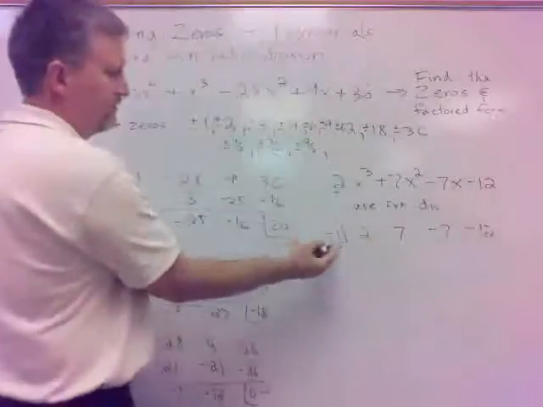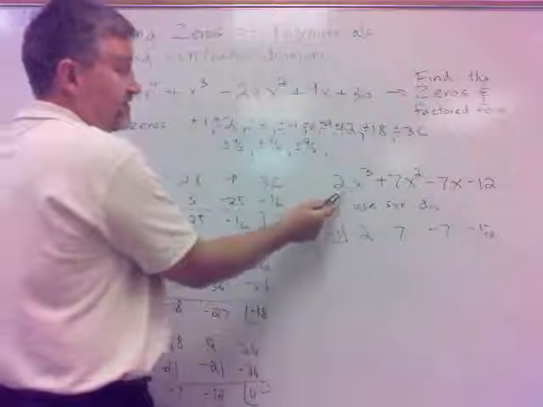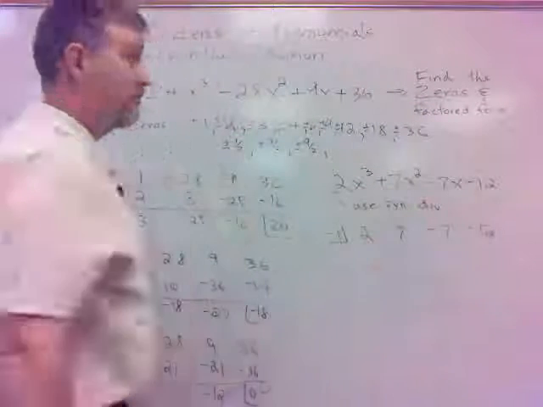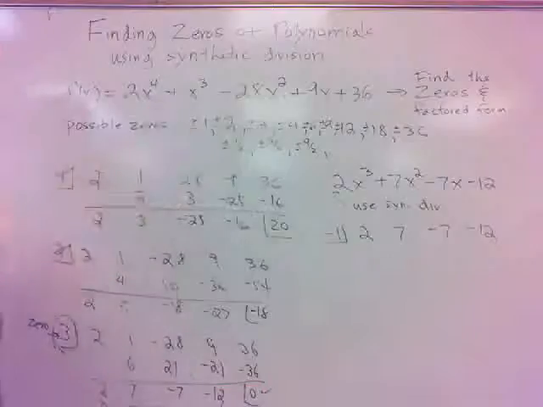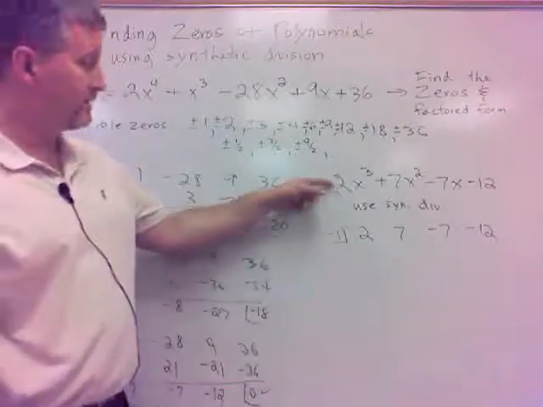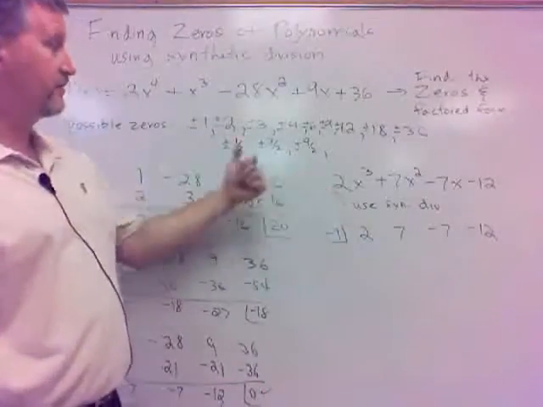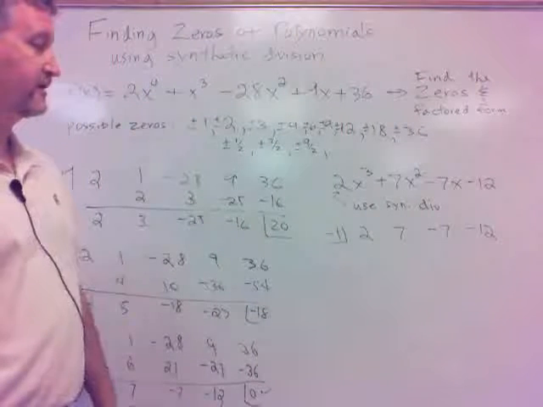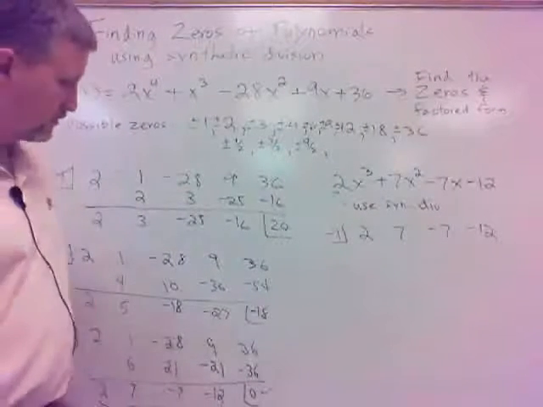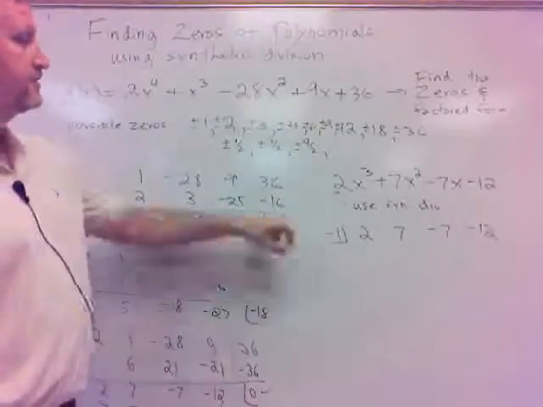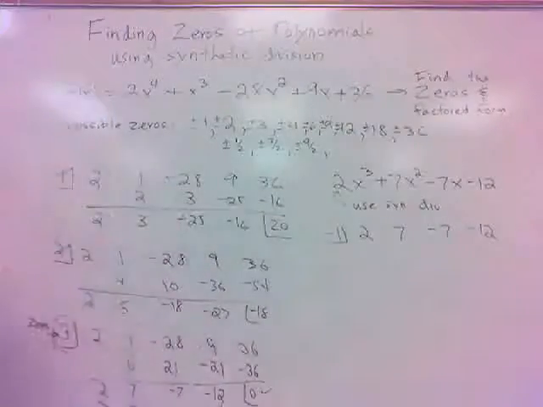When I'm using synthetic division on this, I'm going with those numbers now instead of these. I'm dropping it down, because the idea is I want to drop this down to x squared, and if I go back to the x to the 4th, I'm not going to get it to x squared. So, once you find 1 zero, then go with its quotient and do your synthetic division on it after that.